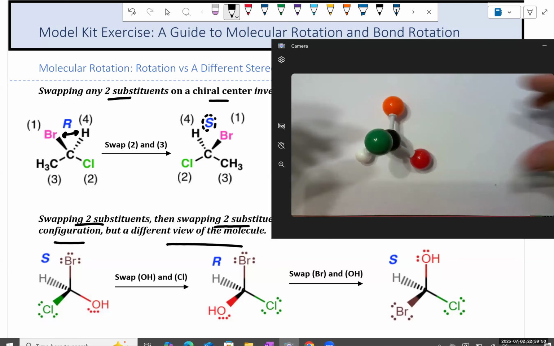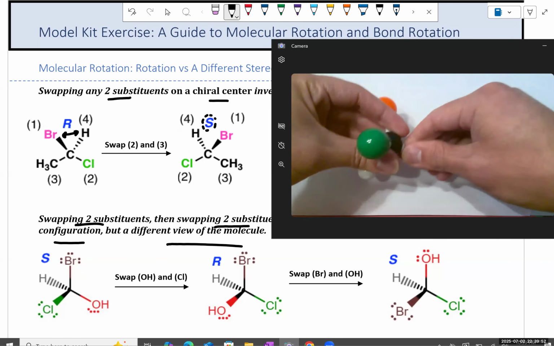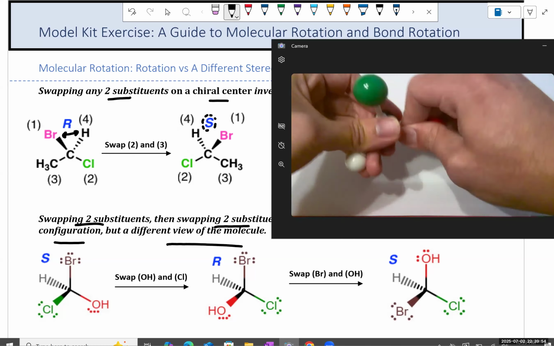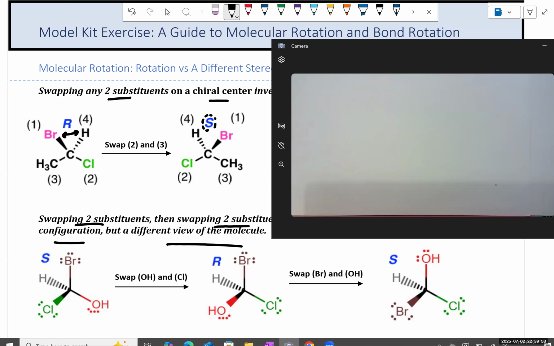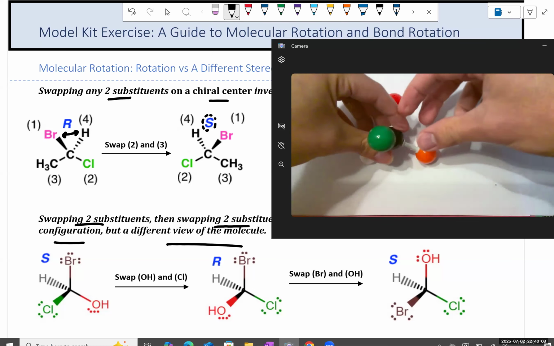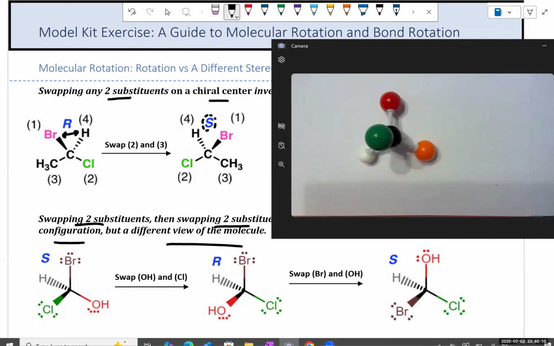We can also convert between these two depictions via manually rearranging our bonds. Don't worry, I have another atom for that bromine. So if I swap my bromine and alcohol, that gives me this compound, which has the opposite configuration.